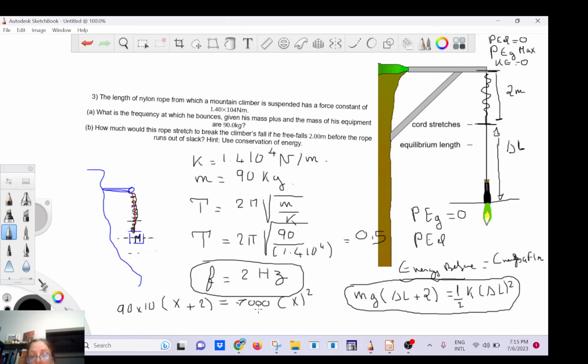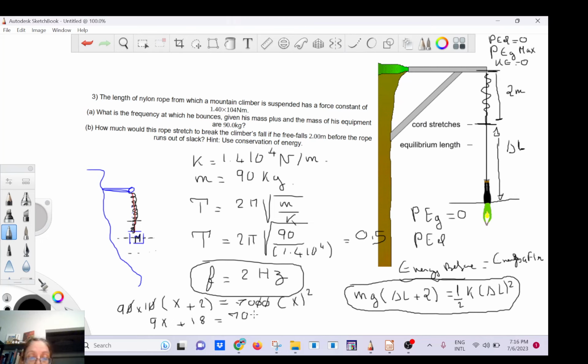And yes, because there is 1/2, that's 14,000. You can try to simplify a little bit, so I can cross this out. You distribute, so you're going to have 9x plus 18 equals, is that a 70?